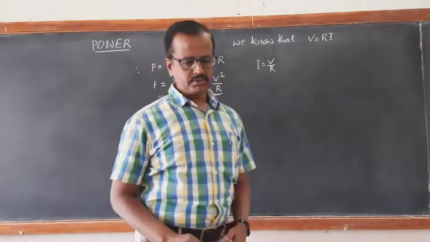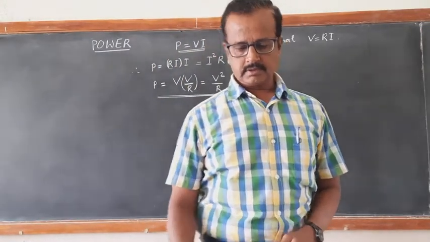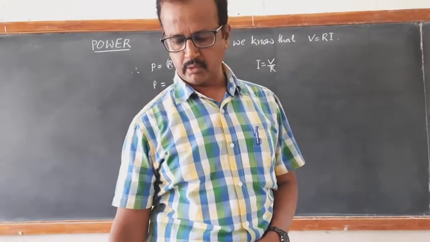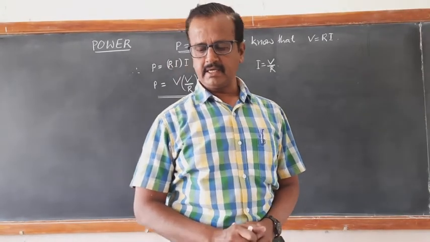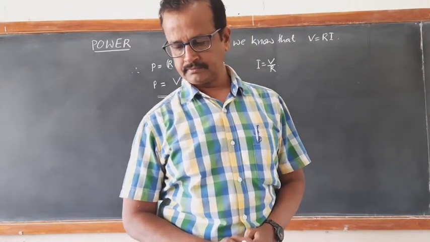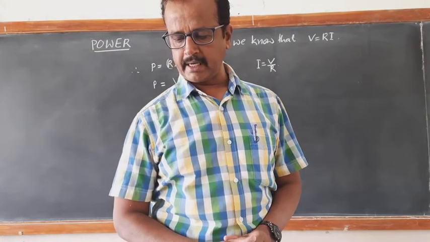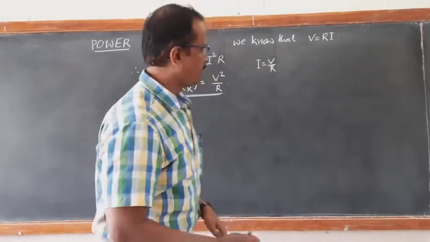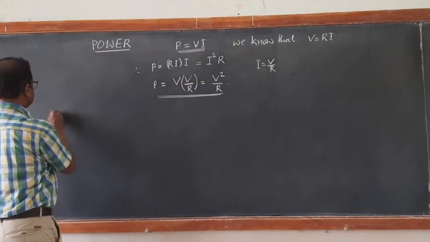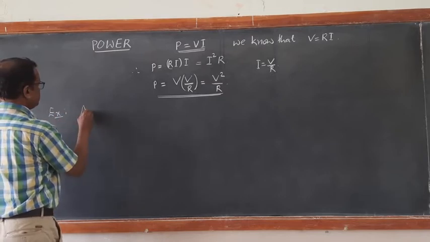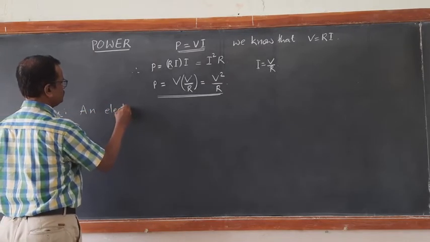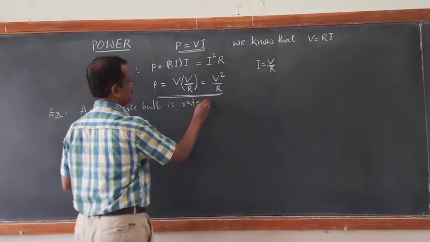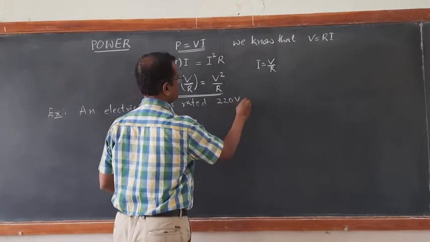One problem I asked you to solve. There is an electric bulb of 100 watt, 220 volt. An electric bulb is rated 220 volt and 100 watt. When it is operated on 110 volt, what is the power consumed? You see here, an electric bulb example. An electric bulb is rated 220 volt, 100 watt.